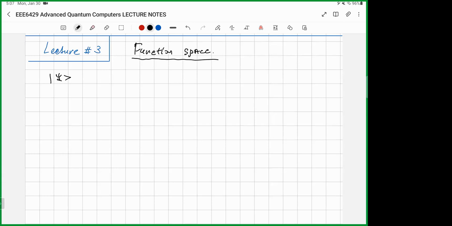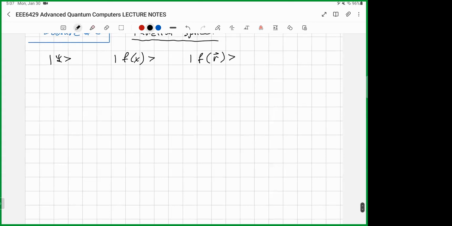So this can be some sort of a function, like a function f of one variable x, or maybe another function f of coordinate r, etc. So this bracket notation allows you to represent a vector of any kind using basically the same notation, the same language.